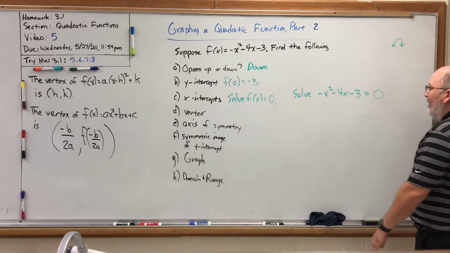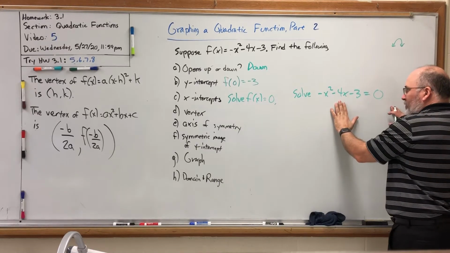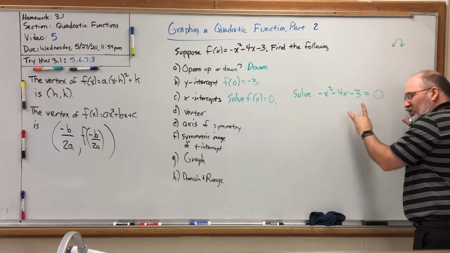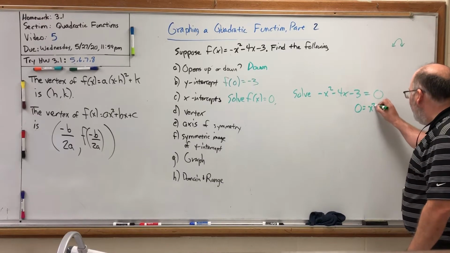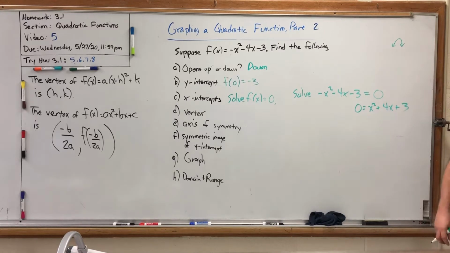Technically, you have to add x squared to both sides to cancel this, add 4x to both sides to cancel this, and add 3 to both sides to cancel this. But the net result of all three moves is we get 0 equals x squared plus 4x plus 3. And I'd much rather solve that with no negatives.